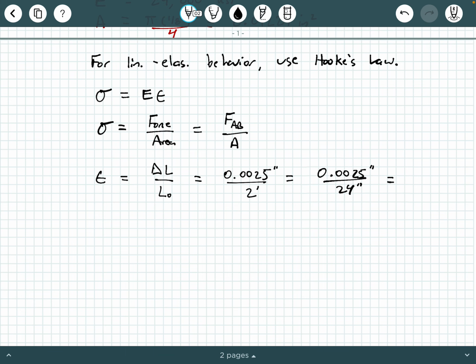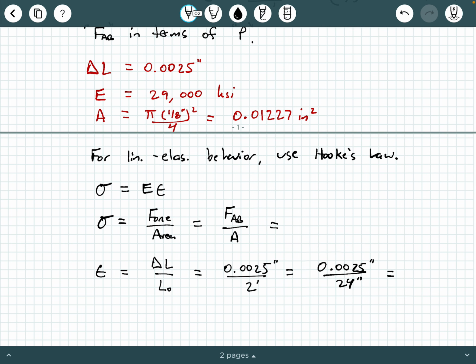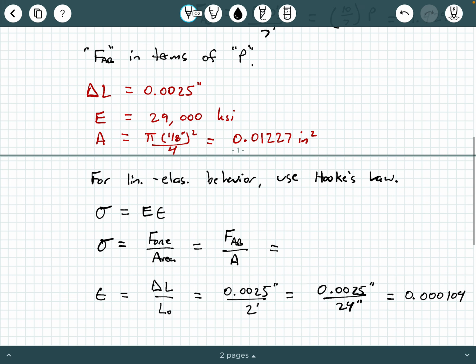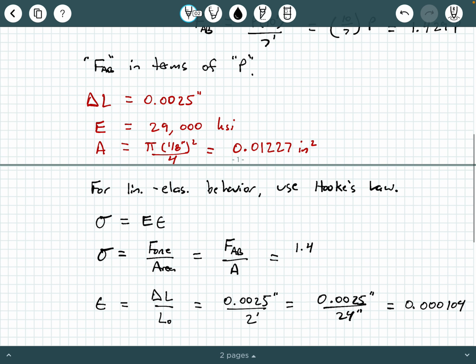So we can start substituting values in and punching things through. 0.0025 divided by 24. So I get a strain of 0.000104. And I get an average normal stress of 1.429 P divided by 0.01227 square inches.